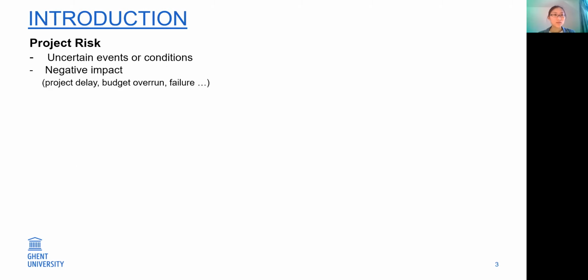Now let's start with the introduction. In project management, the project risk is defined as an uncertain event or condition that, if it occurs, will have a negative impact on at least one of the project objectives. It may lead to the project delay, the budget overrun, and even the failure of the project.